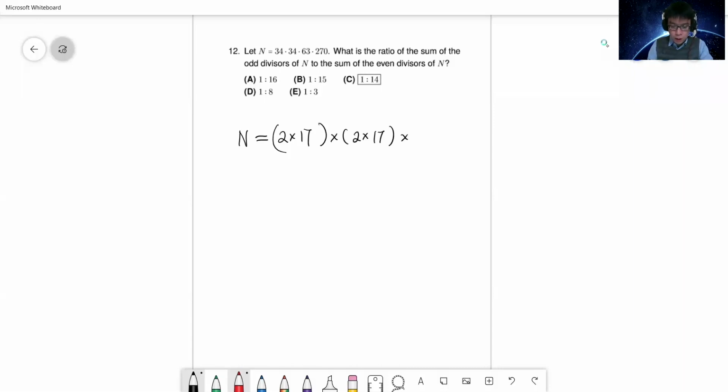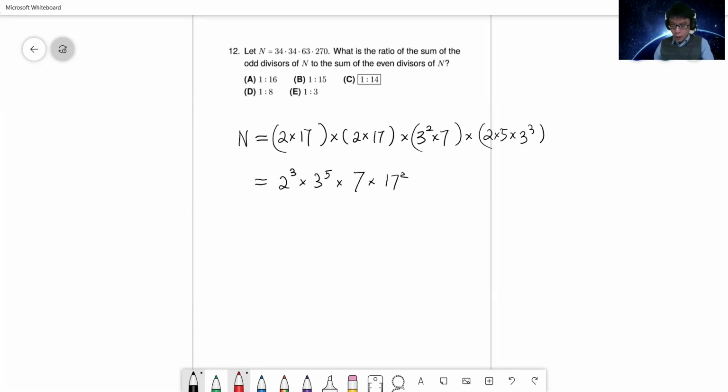We have 63, 9 times 7, 270. That's 10 times 27. 10 is 2 times 5. 27 is 3 cubed. This is equivalent to 2 cubed times 3 to the fifth times 7 times 17 squared.